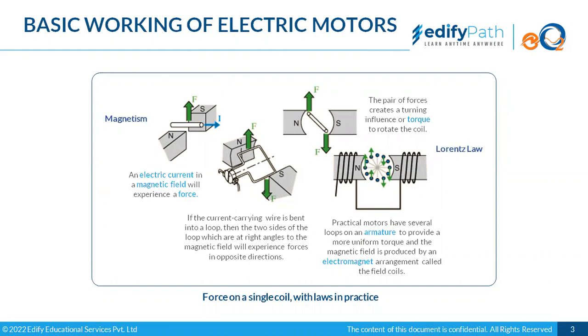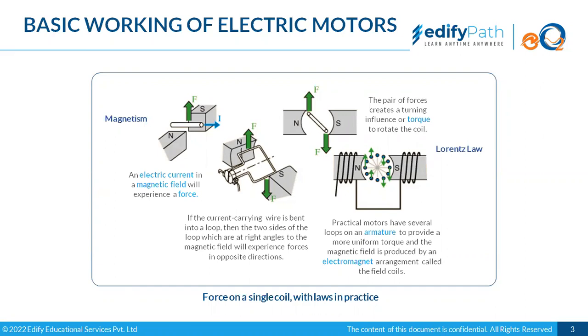An electrical current in a magnetic field will experience a force. If we pass an electrical current through a conductor, and there are two permanent magnets placed, it will experience a force due to the magnetic field. That is the basic concept of a motor. The pair of forces creates a turning influence, or torque, to rotate the coil.